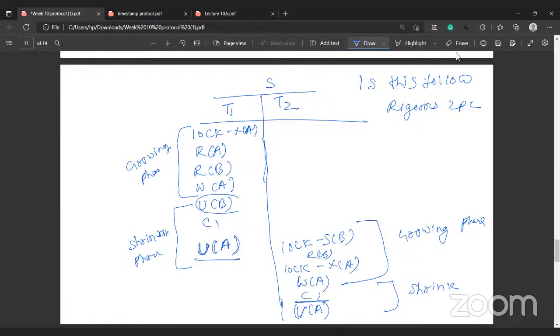Okay, so if we unlock B here, and it is also unlock B here after the commit operation, does this follow rigorous 2PL?